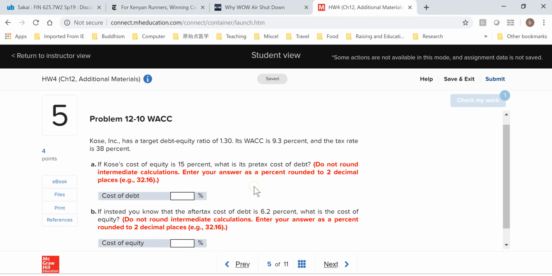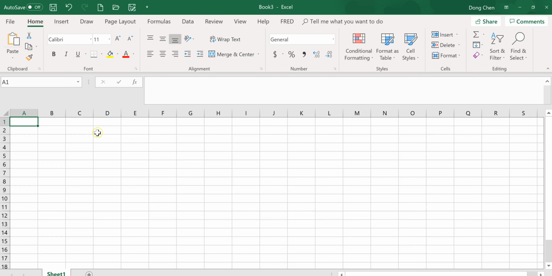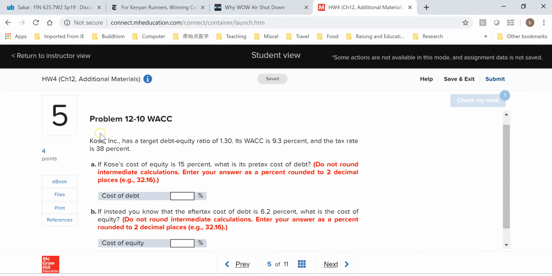Now I'll come back to this question. We are provided with WACC and we know the debt equity ratio, so let me put down the information in my Excel. Why do I choose Excel? You can use other tools like a financial calculator.